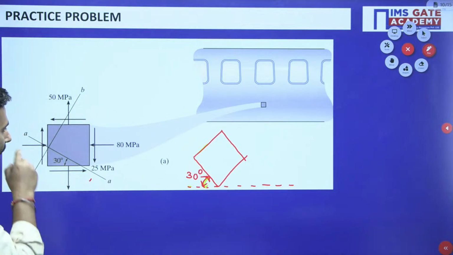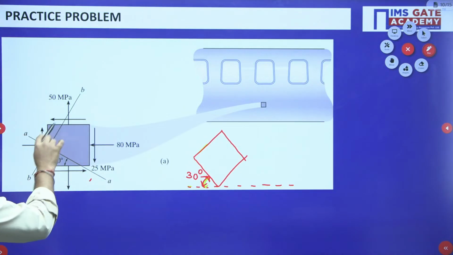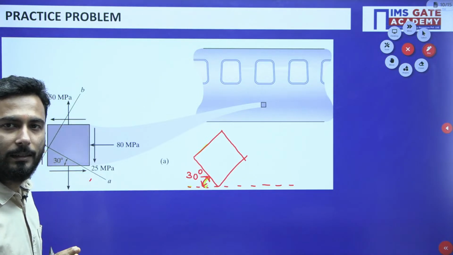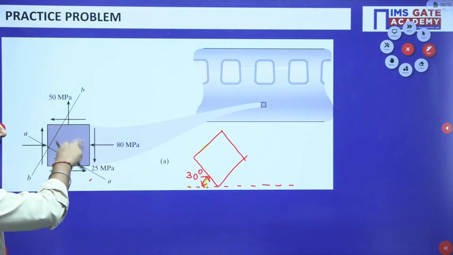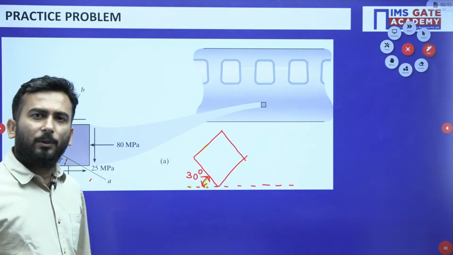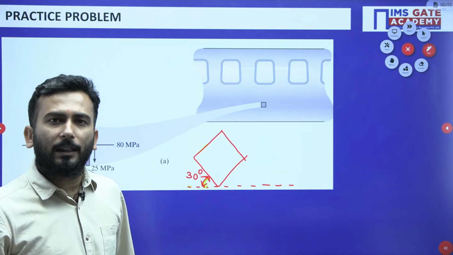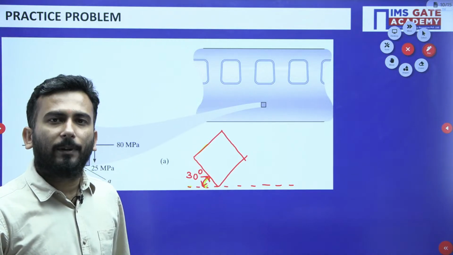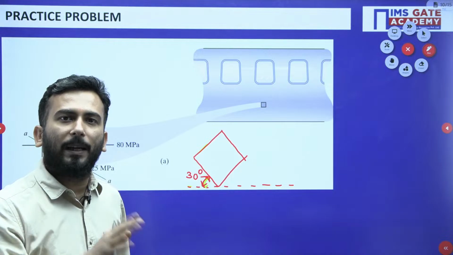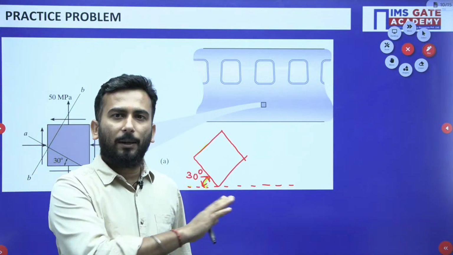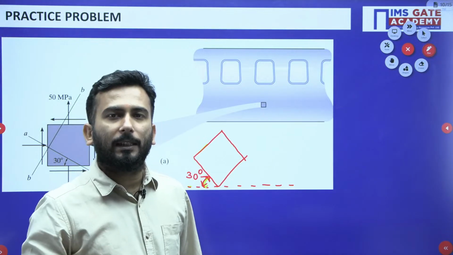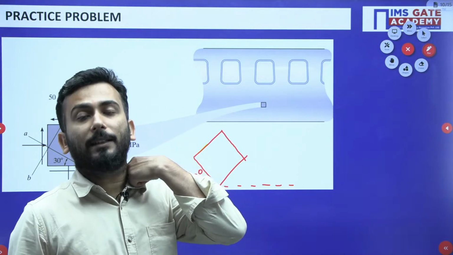Tell me one thing, earlier if I ask you in the main figure how many stresses you are seeing, you say 3 stresses: 180, 150 and one shear stress 25. And we know also that in a plane stress condition we see 3 stresses. If I ask you on how many faces they are being applied, 4 faces. I have already discussed that. Now he is asking about the new plane stress condition.